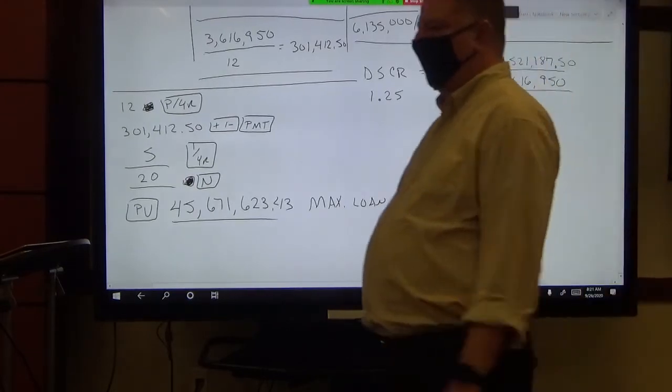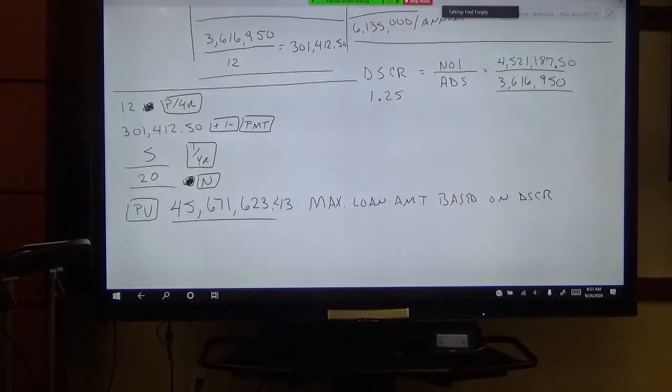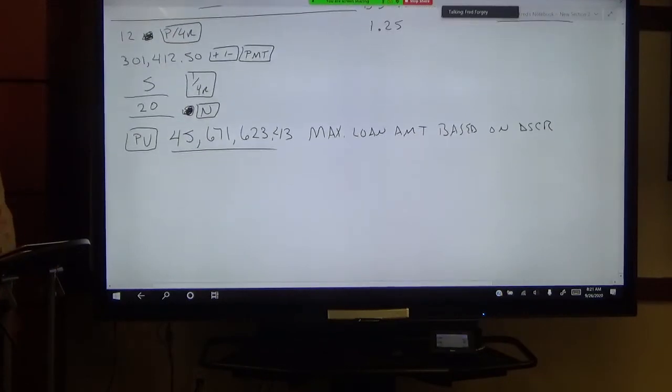Okay, now, if we were to negotiate a better interest rate, so let's just say that we got a 4% interest rate instead. Let's just see what impact that would have.